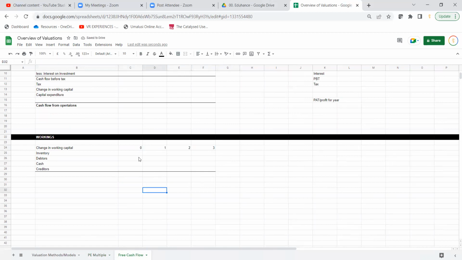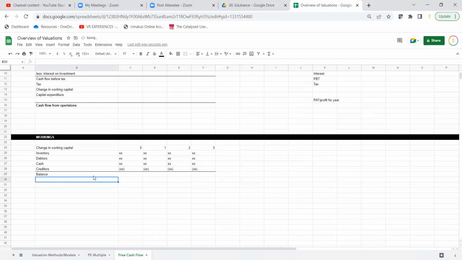So then you will have numbers over here. So this here is the balance.